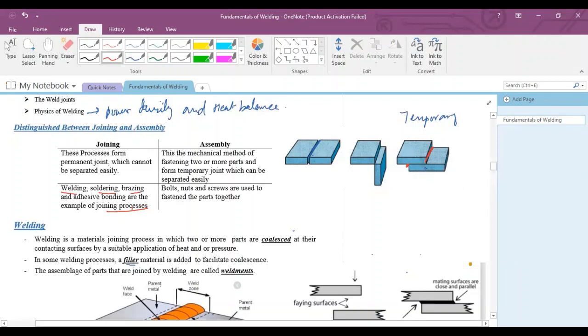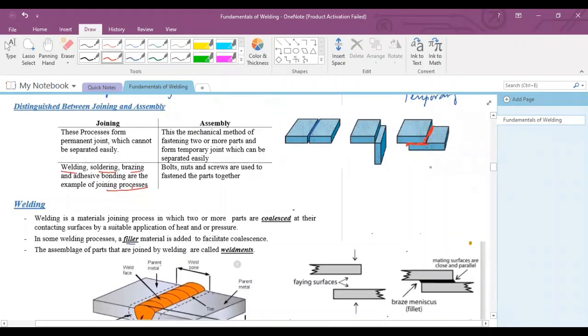These are the mating surfaces of two parts. In the mating surfaces, these two parts come in contact.